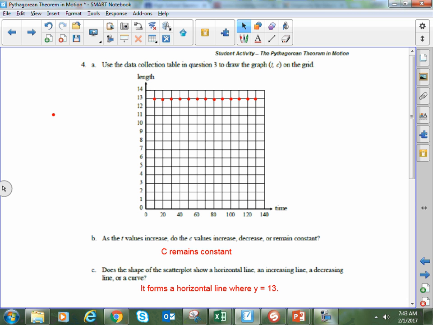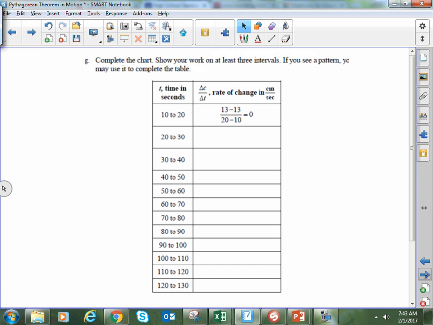We're only taking the calculations, the length of the long side of the triangle, or side B, every 10 seconds. So that's why it's just those dots. If we wanted it to be continuous and we drew a line through it, that would indicate that we're taking measurements continuously between 0 seconds and 130 seconds. And in this case, we're not. So that's why we don't connect the dots here.